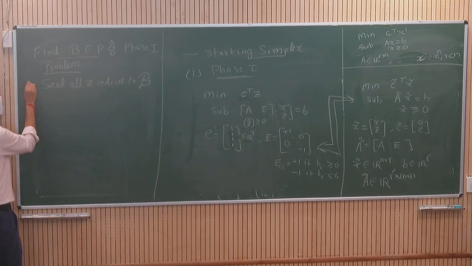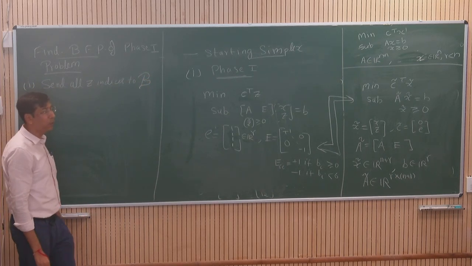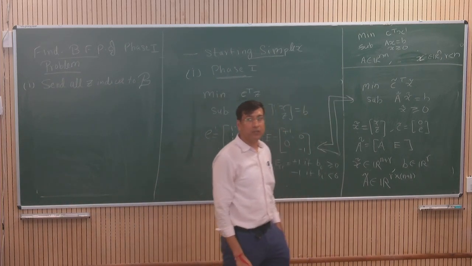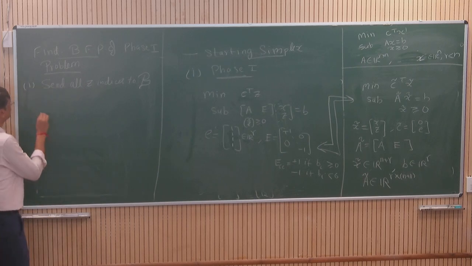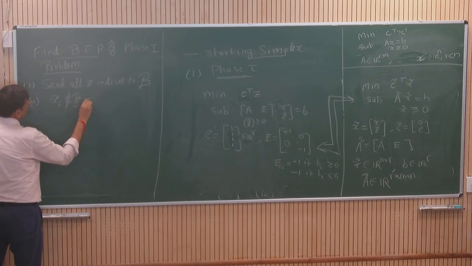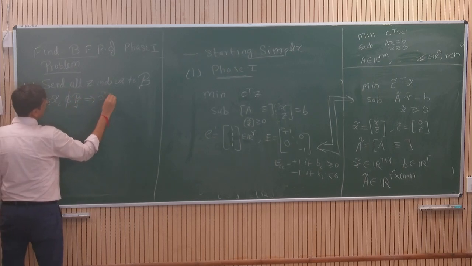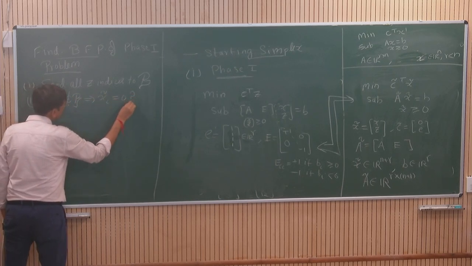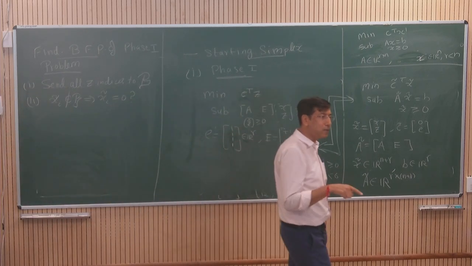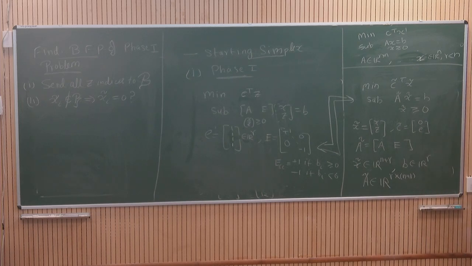So we are satisfying the first thing of the basic feasible point, which is the B set contains R indices. Correct? What was the second thing we had to check? X tilde i not belonging to the B set implies X tilde i equal to 0. Is this true? I'm writing it X tilde, not X, because now we are working with an augmented problem, X and Z. Everybody with me?